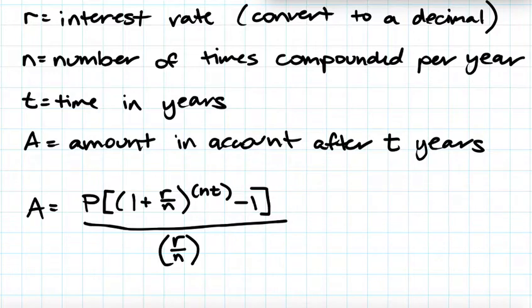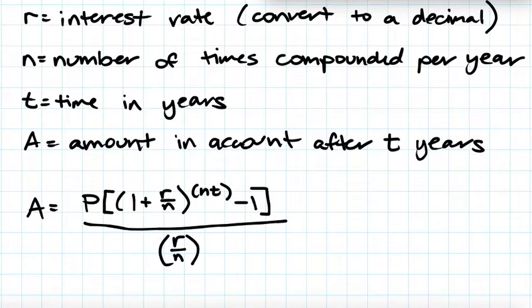Where there's the square bracket, you would need to use a set of parentheses there. So you would type in the number for P and then hit the parentheses button twice. You also need to put parentheses around the NT and parentheses around the R over N in the denominator in order for your calculator to get the right answer there.